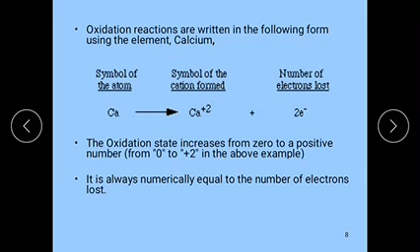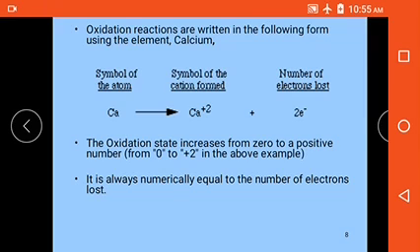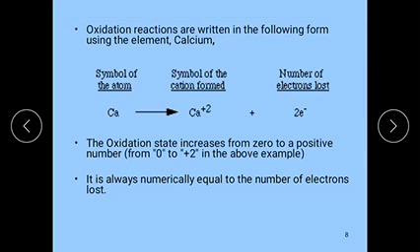Similarly, the sodium atom, whenever it loses one electron, converts to Na plus plus one electron. In that case, the sodium elemental state has oxidation state 0.